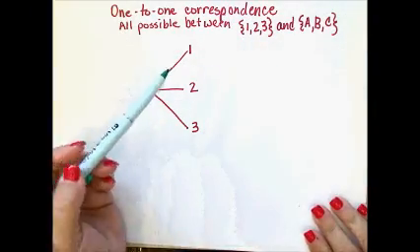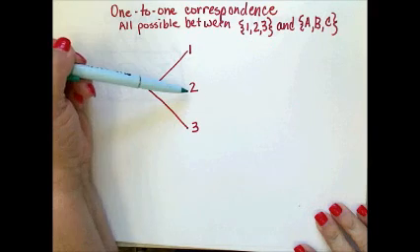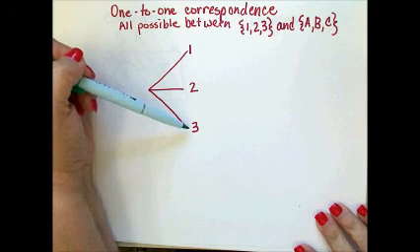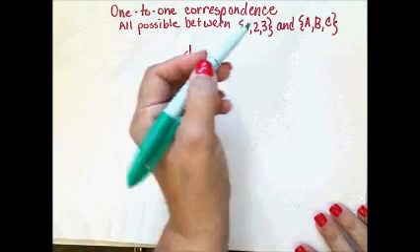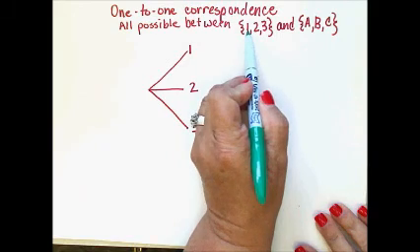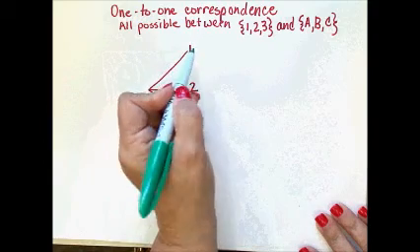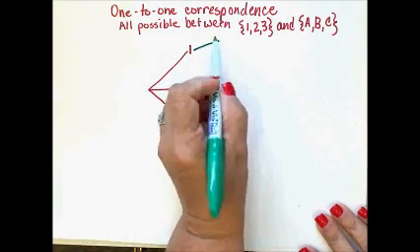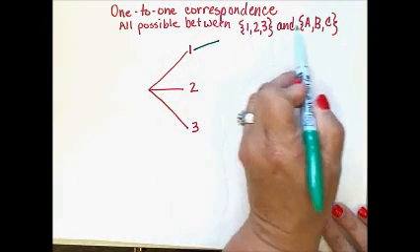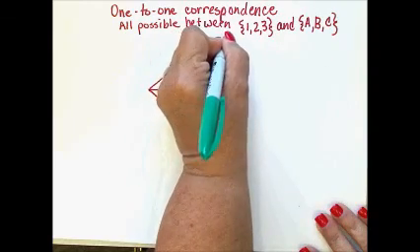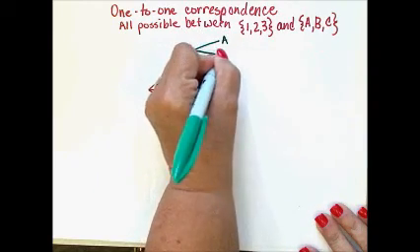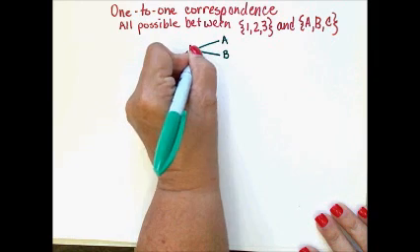So we would start out with each of the elements in the first set. Then if I'm going to pair each of these with these, what are my options to pair 1 with? Well, I can pair 1 with A, 1 with B, 1 with C.